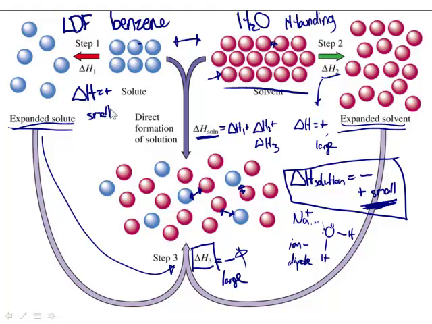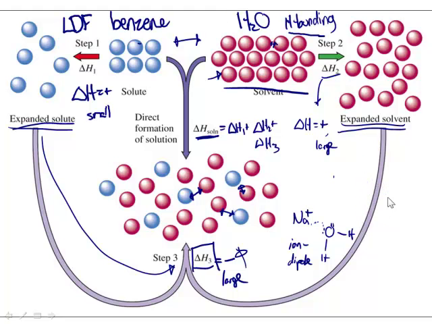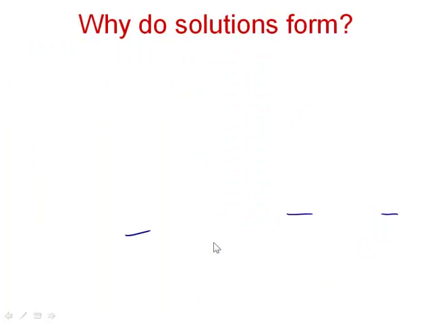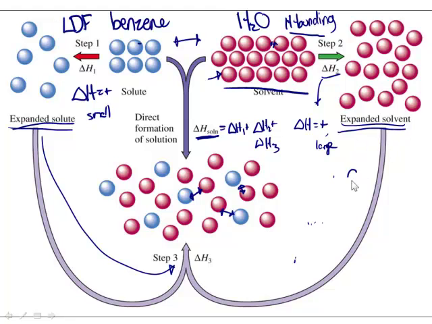Now, if we were going to try to dissolve benzene in water, let's consider the case with water. We said before that if water is our solvent and we try to expand the solvent, it's going to require energy to break the hydrogen bonding between water molecules, and that delta H is positive and large. If we look at what happens when we try to mix the solute and the solvent, we know water is polar, and benzene is not.